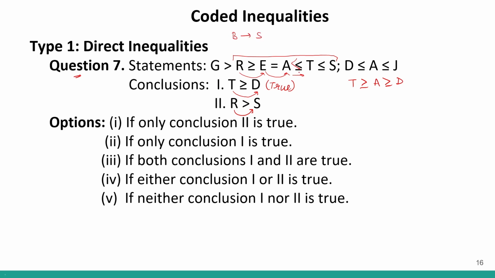So now I have a small door, that means I cannot proceed further. So if I cannot proceed further, I cannot reach up to S. That means this conclusion will be false. We cannot determine the relationship between R and S. So my answer will be that only conclusion 1 is true, which is given in option number 2. So option number 2 will be my answer to this question. Clear?